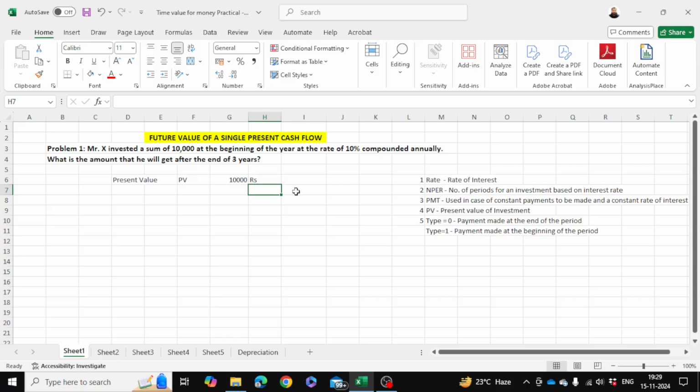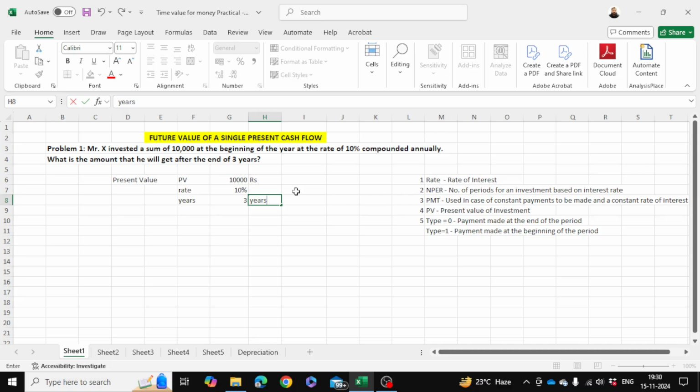Whatever the units are, you write in the next subsequent cell. Then the rate of interest given is 10%. Then the years for which it is invested, that is 3 years.